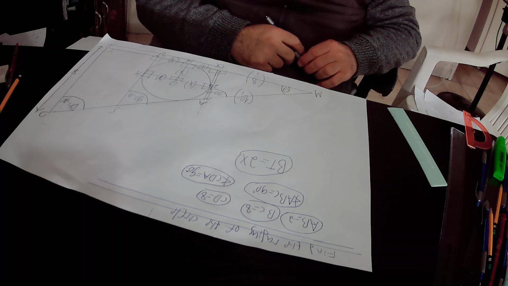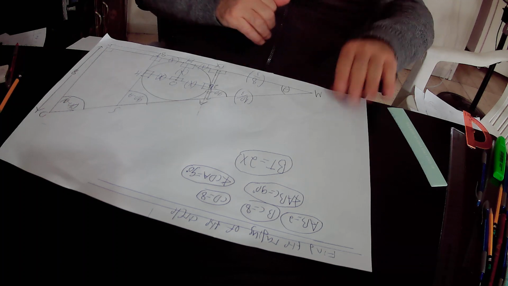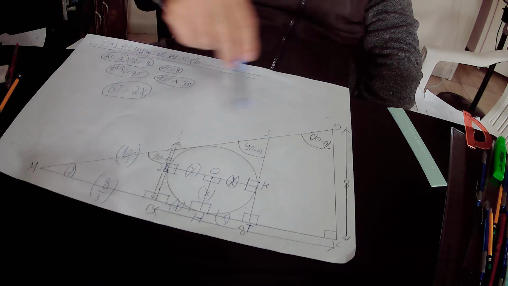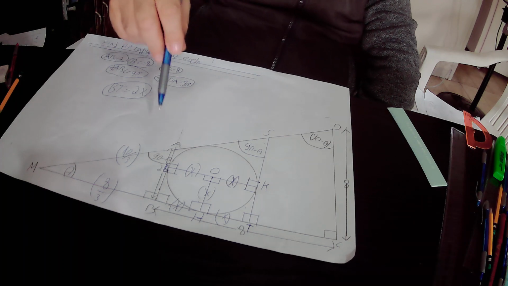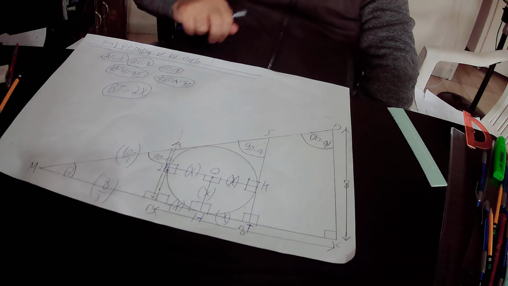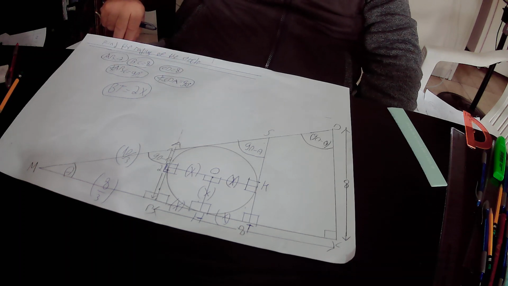In the next step, we'll prove that the right middle triangle STM is similar to the right small triangle MBA. Okay, so I write it down.